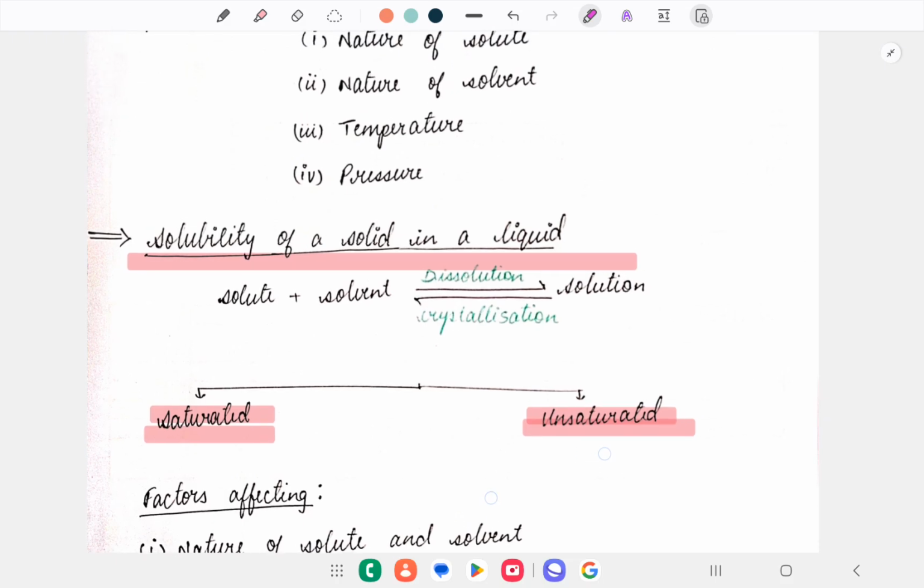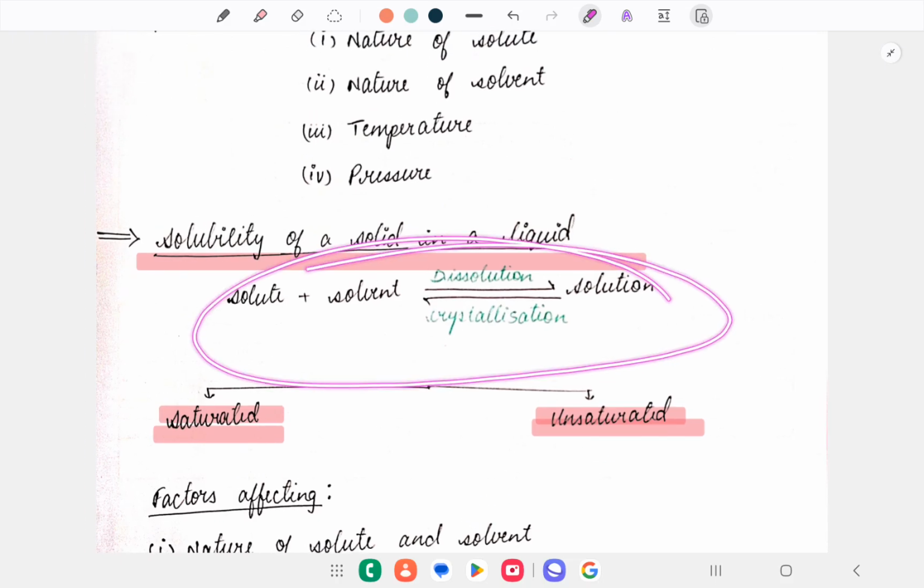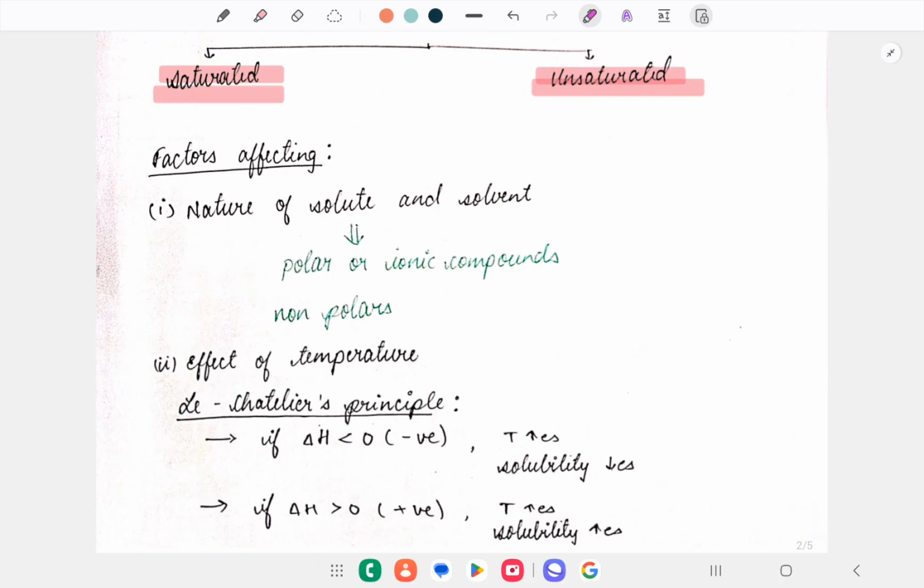The equation will be like this, and here the change in enthalpy can be negative or positive. Being a dynamic equilibrium, it must follow Le Chatelier's principle. According to it, if the change in enthalpy is negative, then the solubility will decrease with temperature, and if the change in enthalpy is positive, then the solubility will increase.